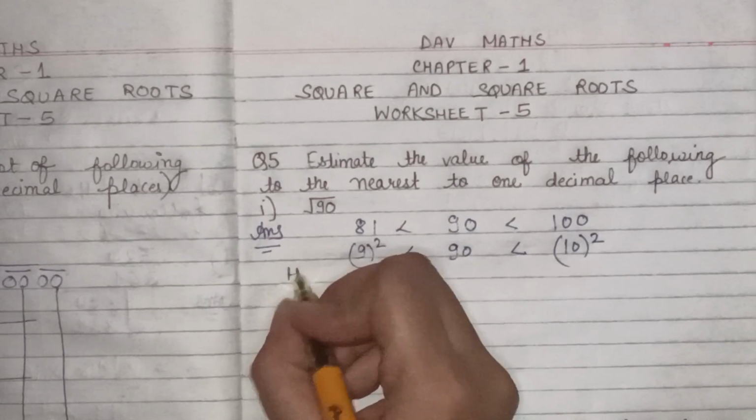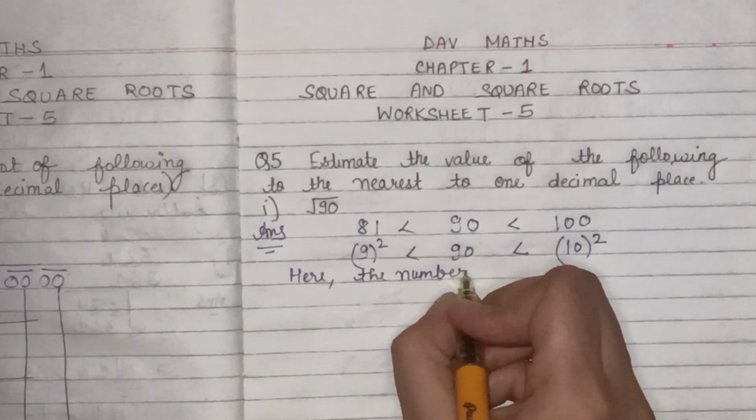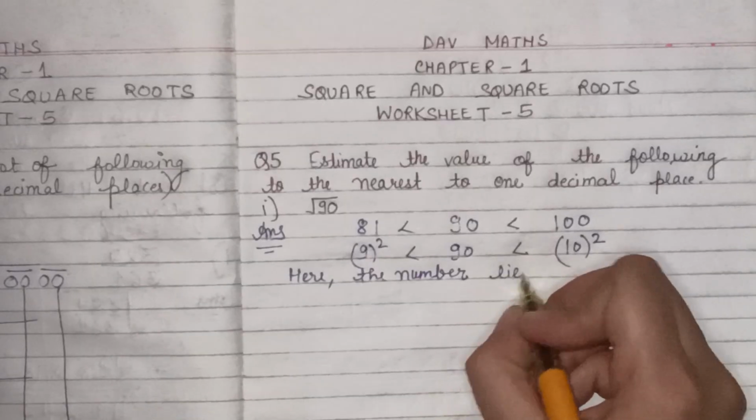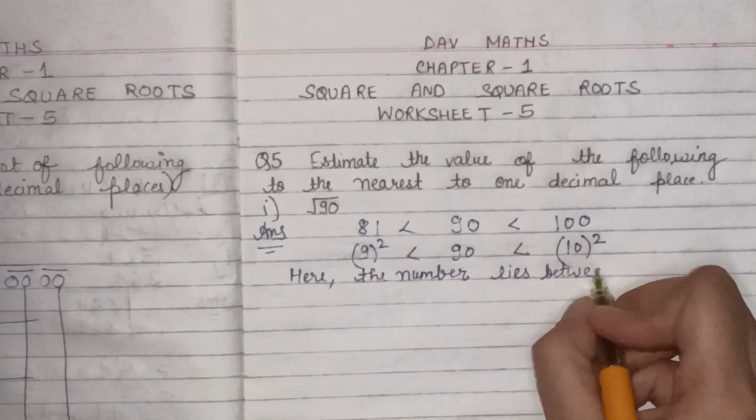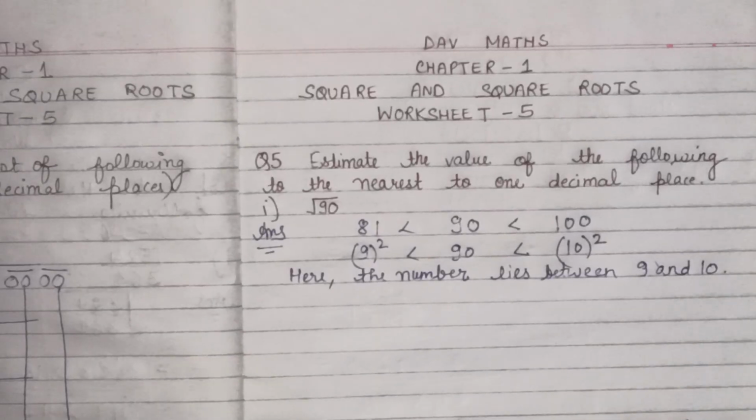So here the number lies between 9 and 10. In decimals, next to 9 is 9.1, 9.2, 9.3, 9.4, 9.5 and so on.